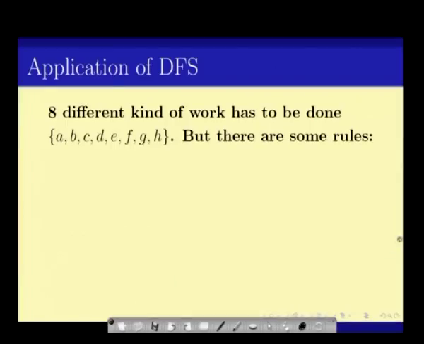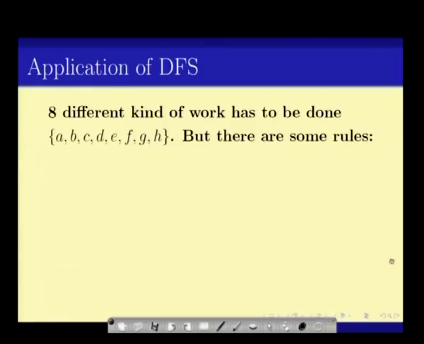And now, the question is, can you come up with some sequence that satisfies all of them? Like, wake up, then brush my teeth, then take a bath, then eat my food, and then get dressed. This is one possible ordering. Another possible ordering can be: wake up, then brush your teeth, then have food, then take a bath, and then wear clothes.